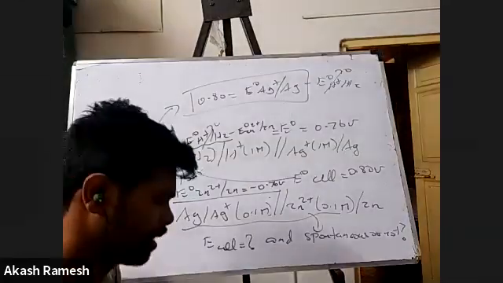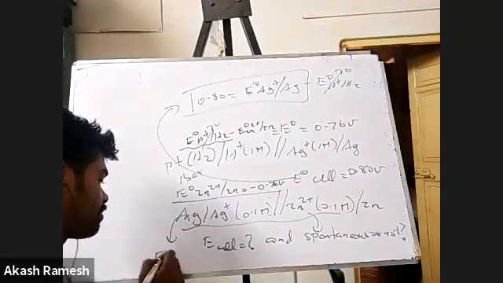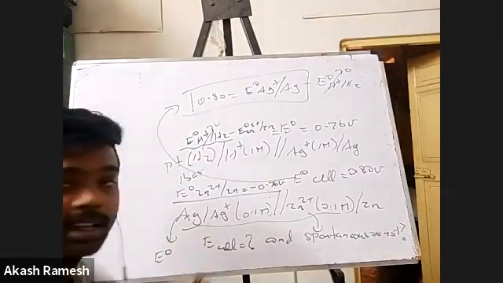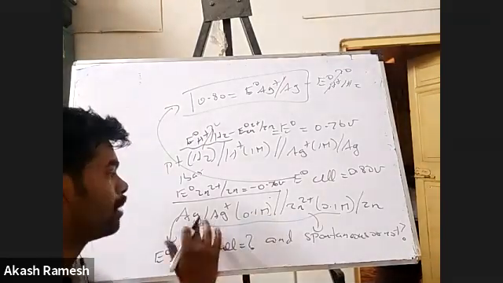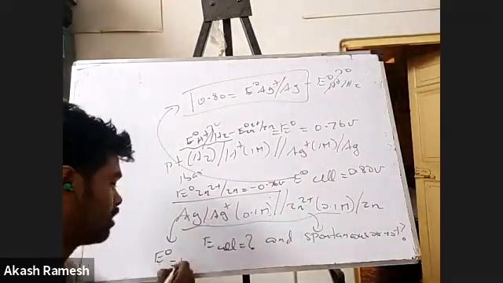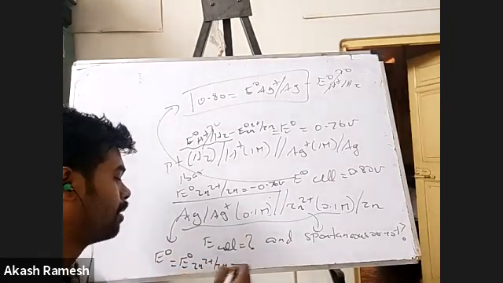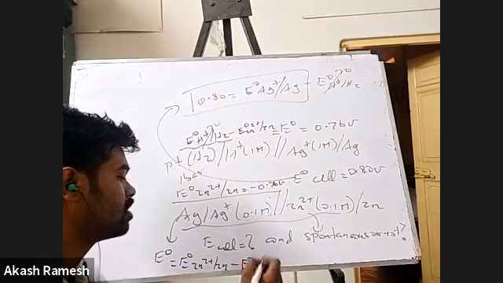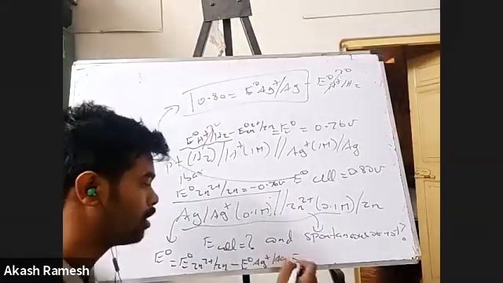Now what I have to find is the E naught of this cell, and then from this E naught, I have to calculate the E cell. E naught of this one will be E right minus E left, so E naught of Zn2 plus bar Zn minus E naught of Ag plus bar Ag, because right minus left. Both values we found out.